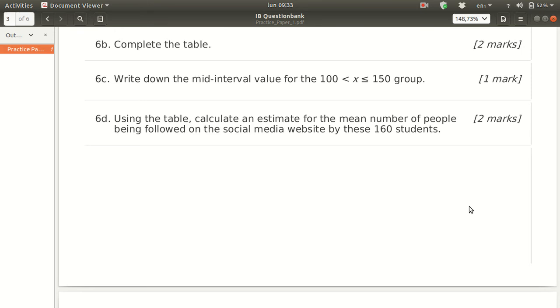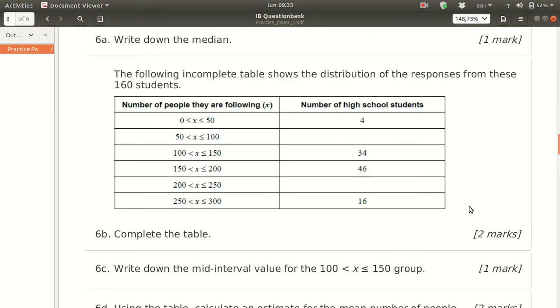So remember that the mean estimate comes from the class mark, or the mid value, for each one of these, and multiplying it by the frequency, adding, and then dividing by 160. So let's find the mid intervals here.